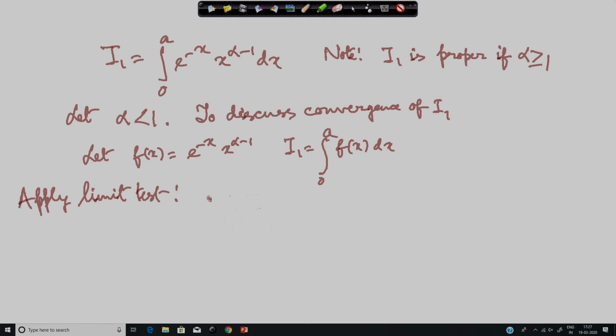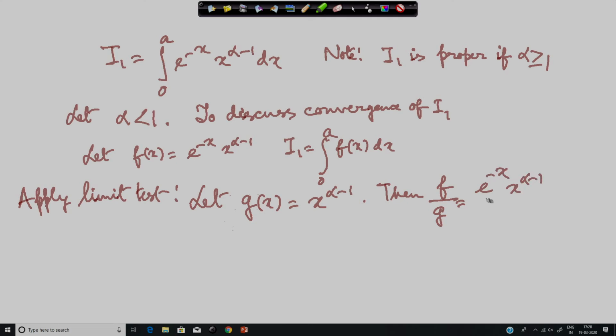So, let g x be equal to x to the power alpha minus 1. Then f x by g x is equal to e to the power minus x, x to the power alpha minus 1 divided by x to the power alpha minus 1, that is equal to e to the power minus x.